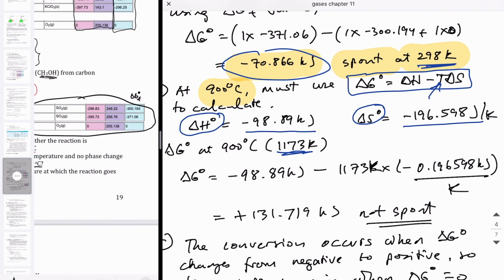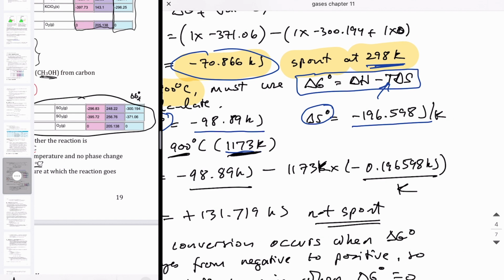And now I'm going to put it together to calculate delta G at 900 Celsius or 1173 Kelvin. Keeping in mind that when I do these calculations, I have to use Kelvin because it has to do with the use of the gas constant later on in order to do some conversion. Having that as my delta H and then my delta S, remember that I always want to make sure the units are the same.